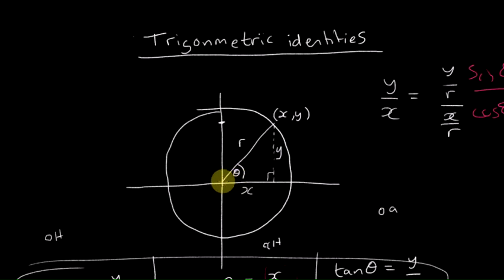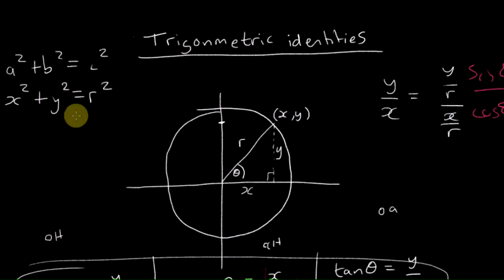You get the equation of a circle by using Pythagoras, which was a squared plus b squared equals c squared. In this case it's going to be x squared plus y squared equals r squared.